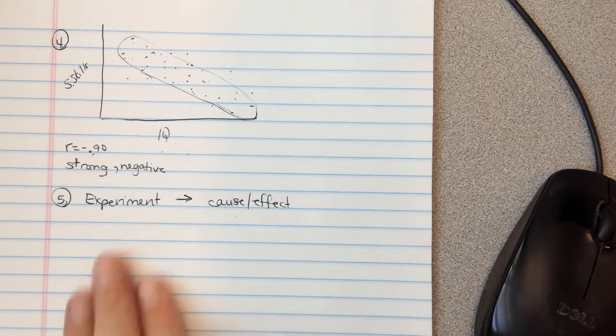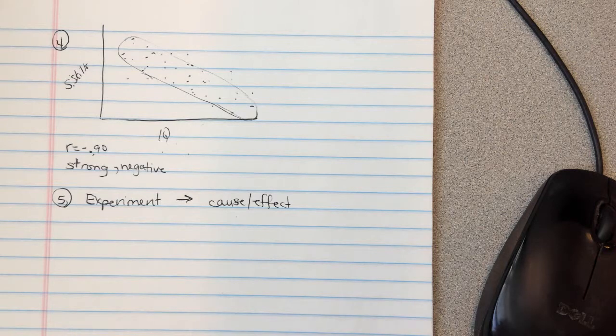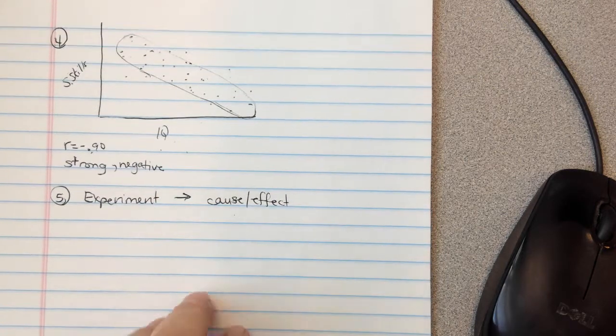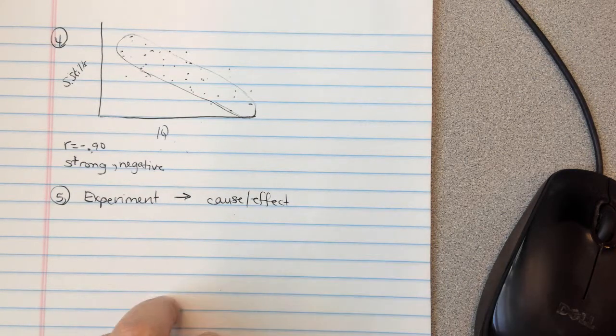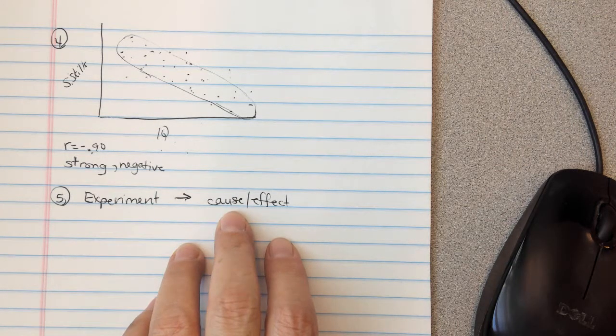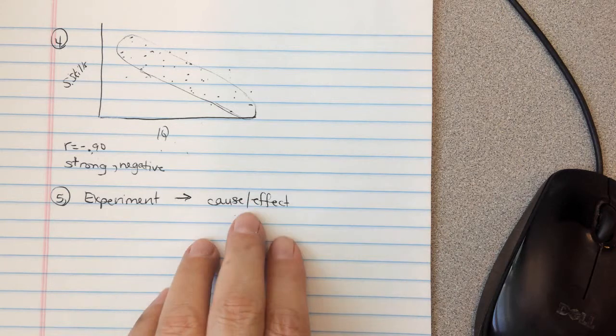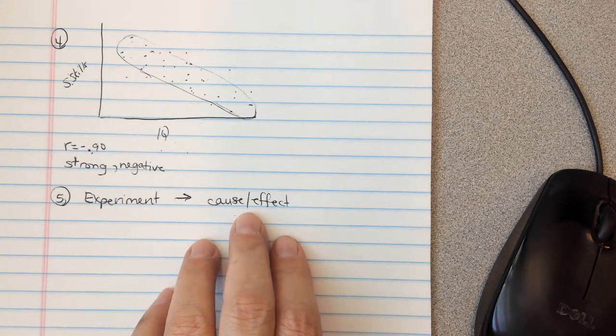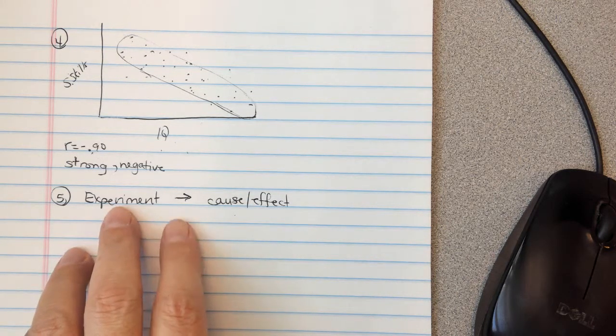You can just control so much more variation. You can block for different variables that you think might have some sort of an impact on the results. So this is the biggie for an advantage. The disadvantage, I don't know, probably higher cost. It's harder to design.